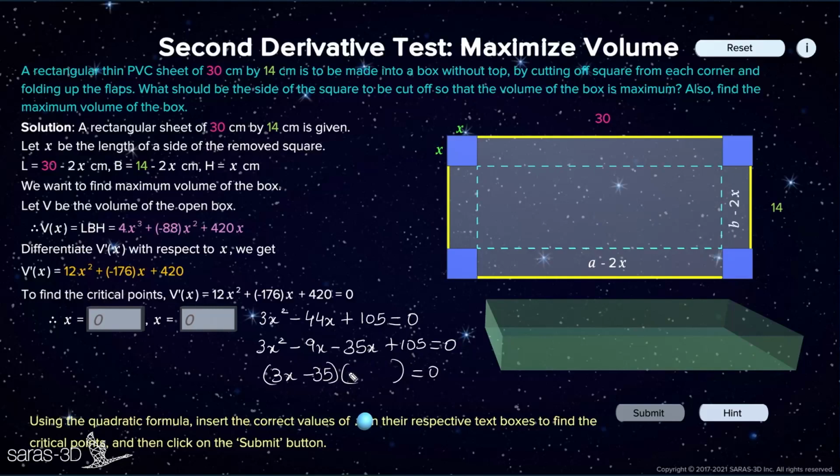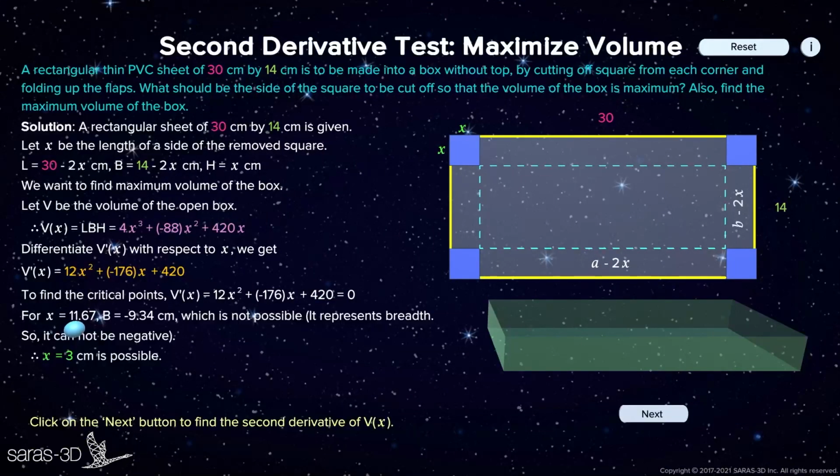So what we will be left with is x minus 3. So from here, if we find the value of x, it will be 35 upon 3, right? Or x will be equal to 3. So that means the value of x will be equal to 11.66 something, or x will be equal to 3. So let us substitute those values here.